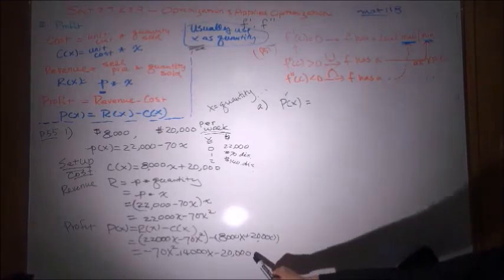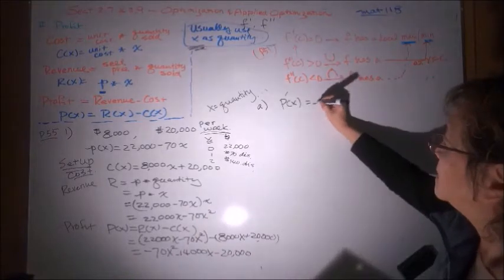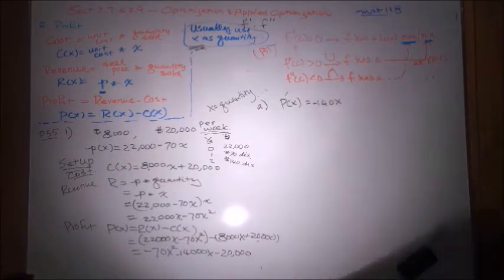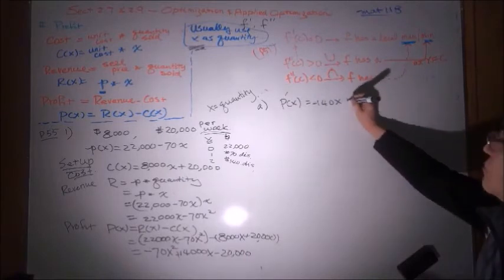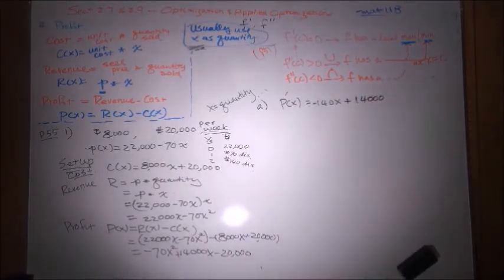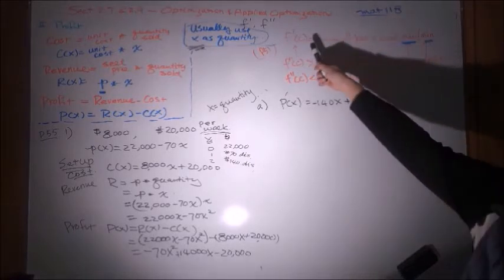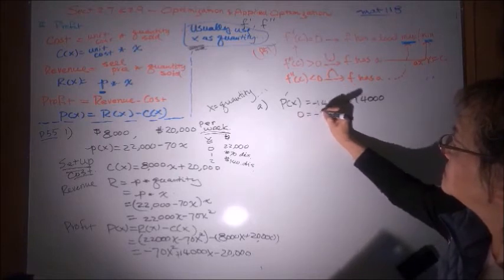So you take a prime on this, that would be what? Move over, 140, drop one level, x, right? Then, oops, that should be plus. Then plus 14,000, right?